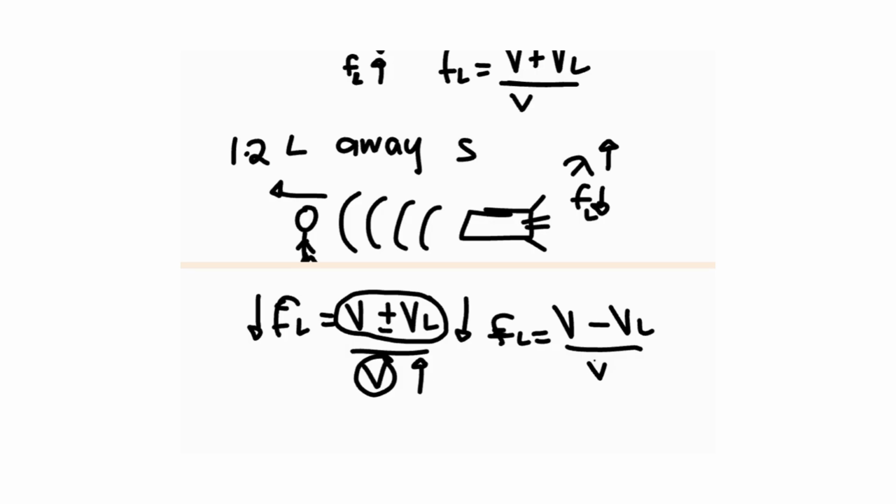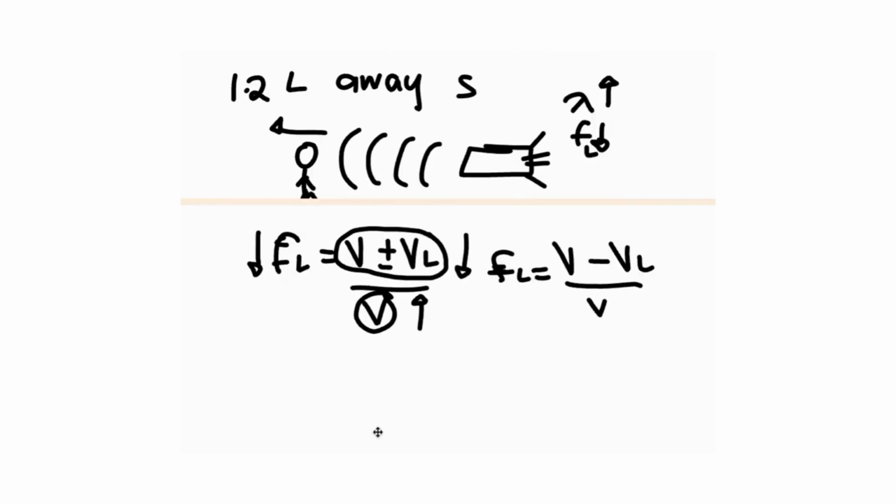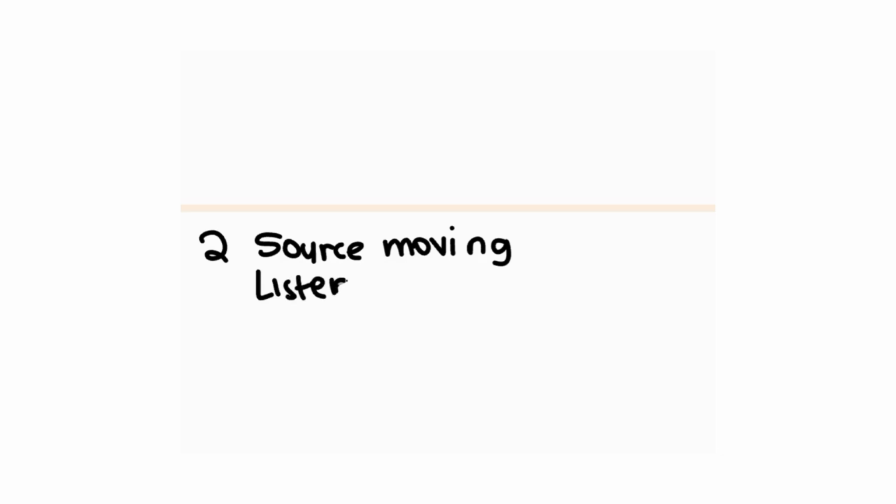Okay, so I'm going to now jump into the second case where the source is the one that is moving. So in this case we are saying the source is moving, the sound source, remember, and the listener is stationary, meaning the velocity of the listener is going to be 0.